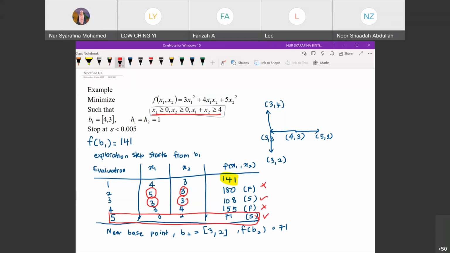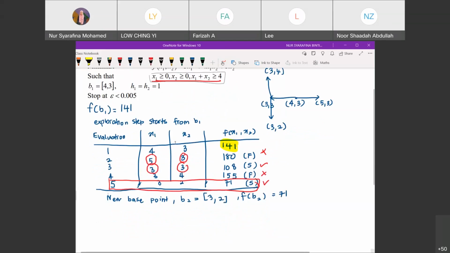Okay, now let's proceed. So from here, we have our B2. Then what is your P1? So your P1 should be what? P1 equals to B1 to B2 minus P1. So what is your P1 here?